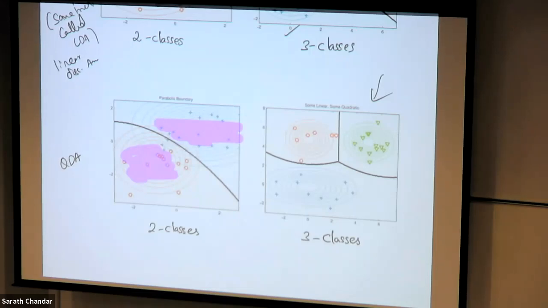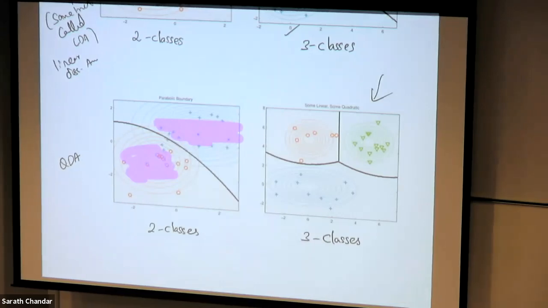If it is a medical application, the doctor might tell you which classes are related, which classes should have similar behaviors and so on. So if you have such domain expert knowledge, this is one easy place to integrate it, right? You'll just say, okay, these 2 classes should be similar, so I'm going to share their covariance. Or the most general approach is just not to share anything, okay?